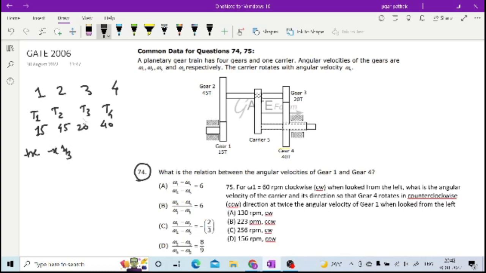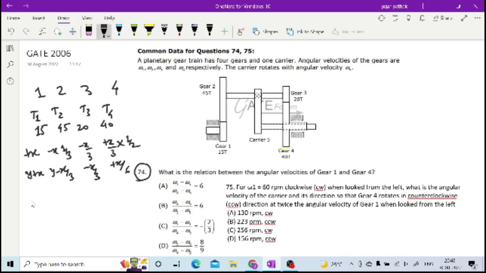Now 3 is also rotating at the same, so minus x by 3. When it transfers to gear 4, there will be a sign change because again it is an external gear, so plus x by 3 into driver upon driven, that is 20 by 40, which is 1 by 2. Now if you add y to all of this, then y plus x, y minus x by 3, y minus x by 3, and here y plus x by 6.